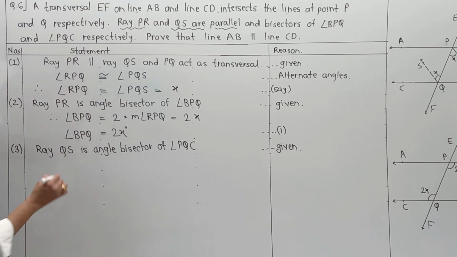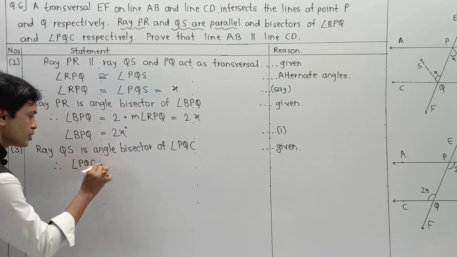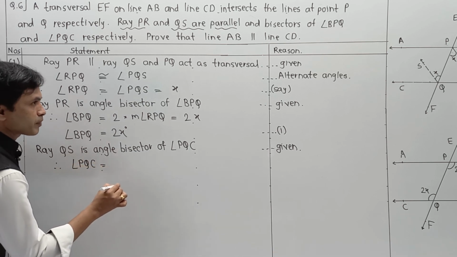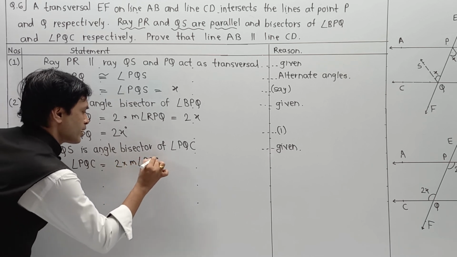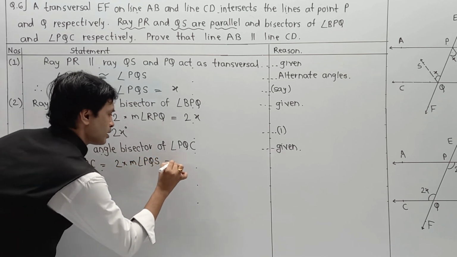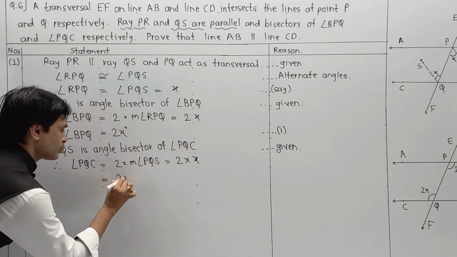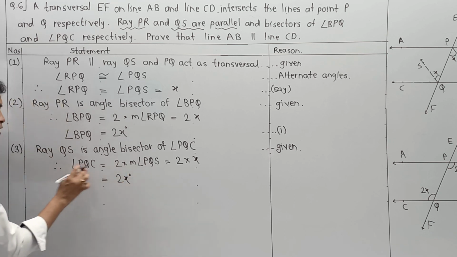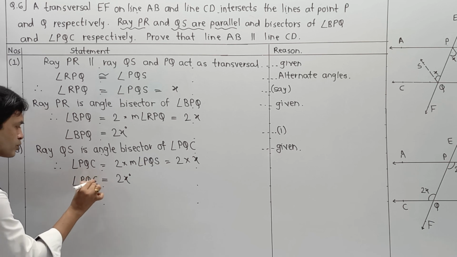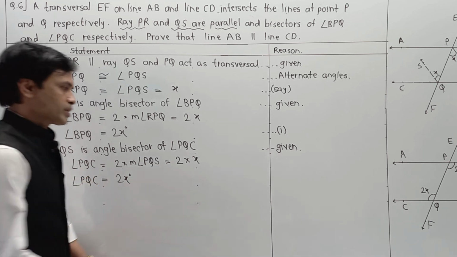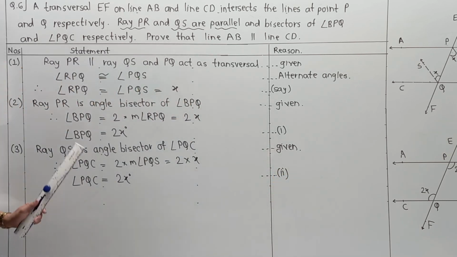Therefore, angle PQC is equal to 2 times the measure of angle PQS, that is 2 times x, and this value becomes 2x degrees, the value of angle PQC. I am going to call this equation number 2.